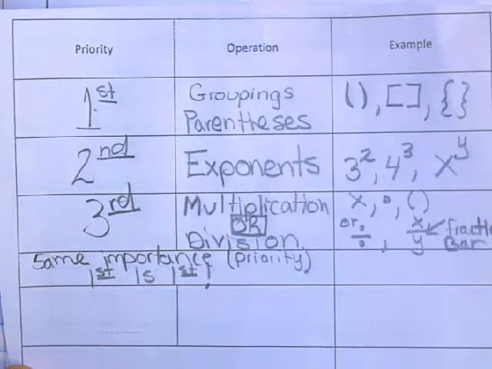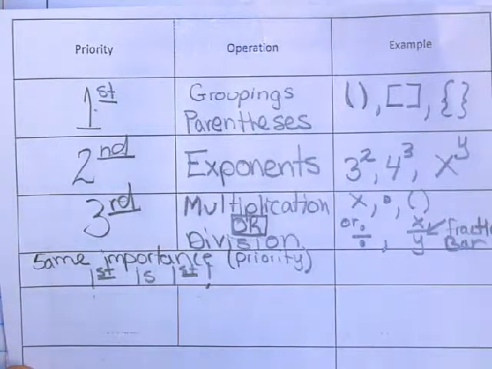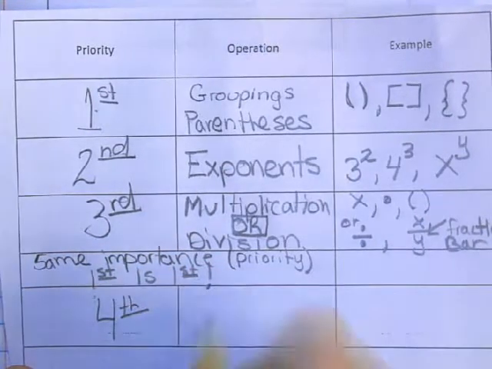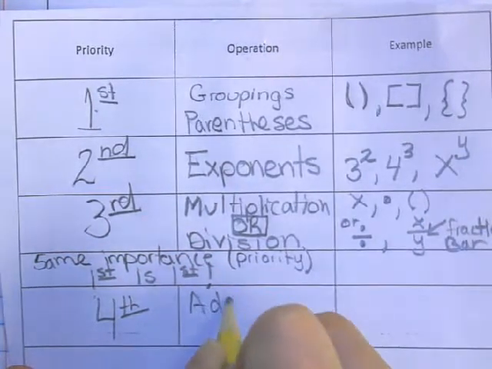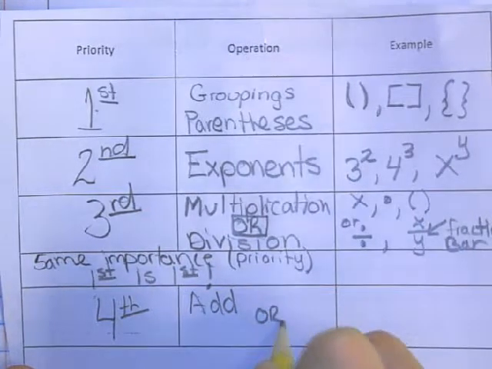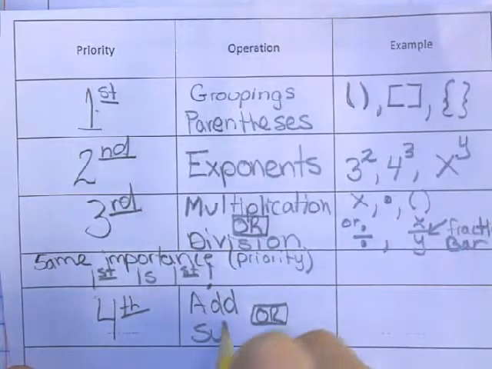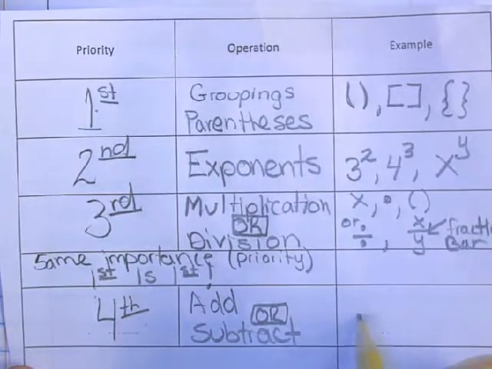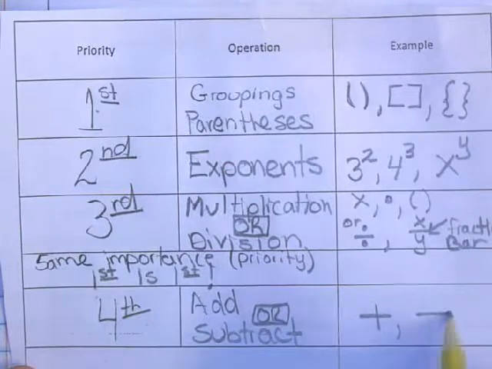The last priority, the last thing you're going to do, is add or subtract. And those are the basic symbols for that, of course.